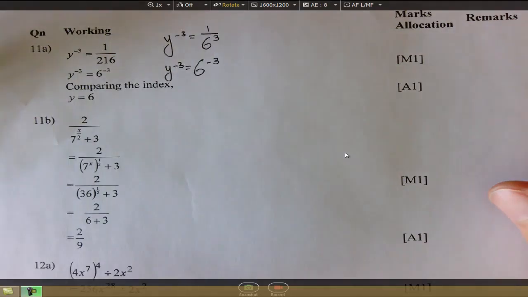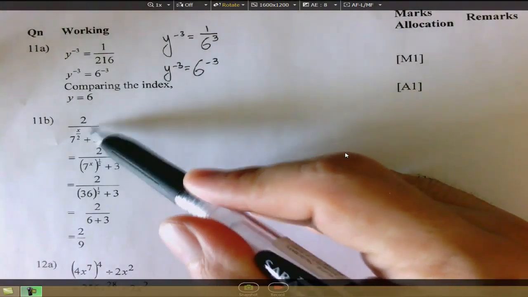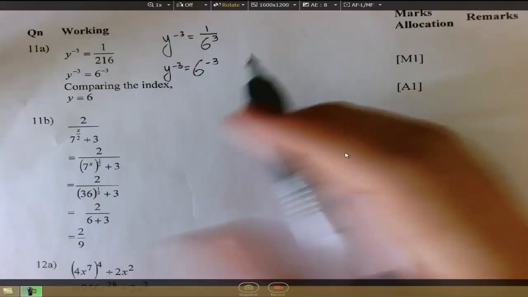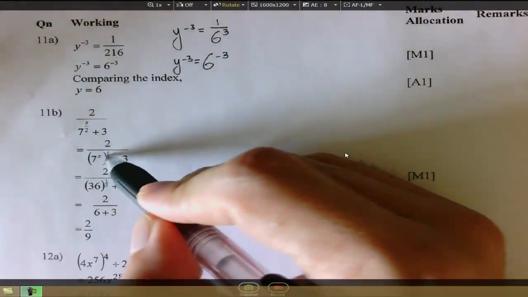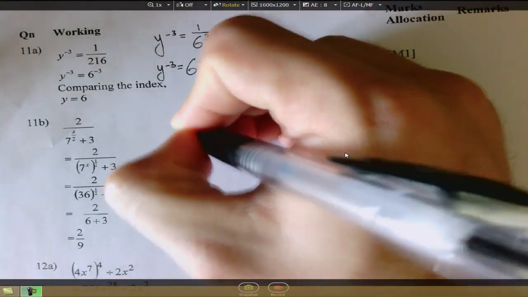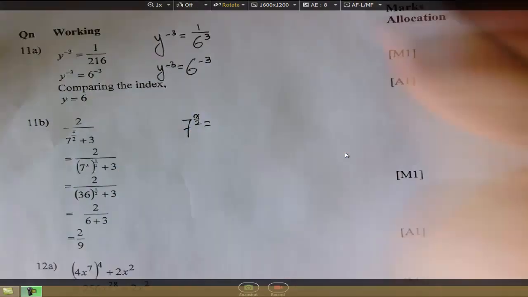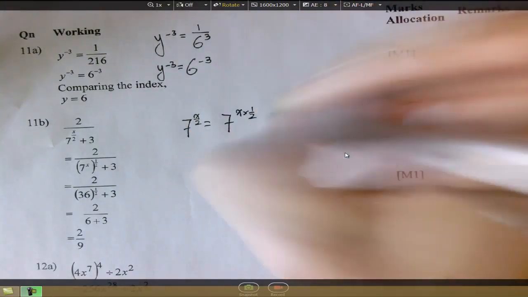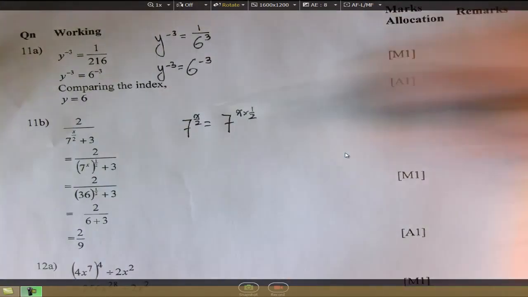Question 11b: if 7 to the power of x is equal to 36, find the value of 2 over 7 to the power of x over 2, plus 3. Notice down here, what we've done is this. 7 to the power of x over 2, we express it as 7 to the power of x times half. Thus x times half is x over 2.